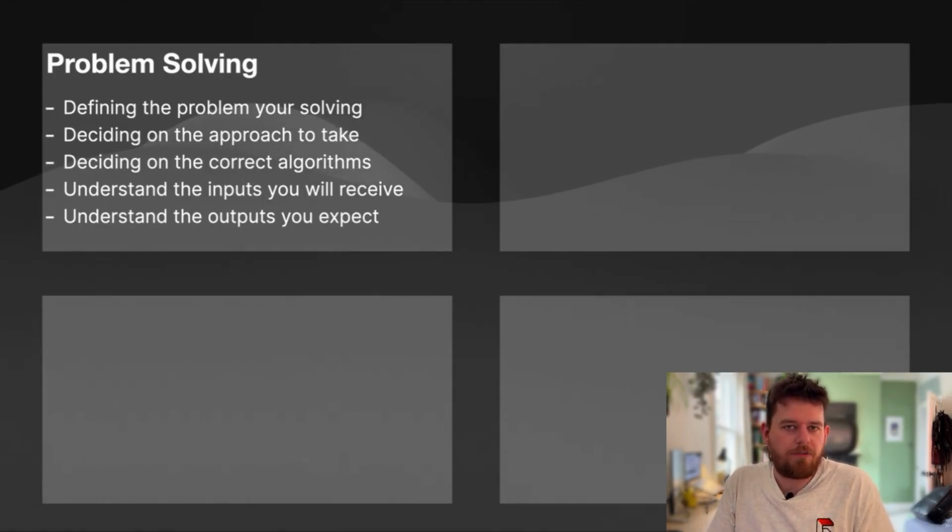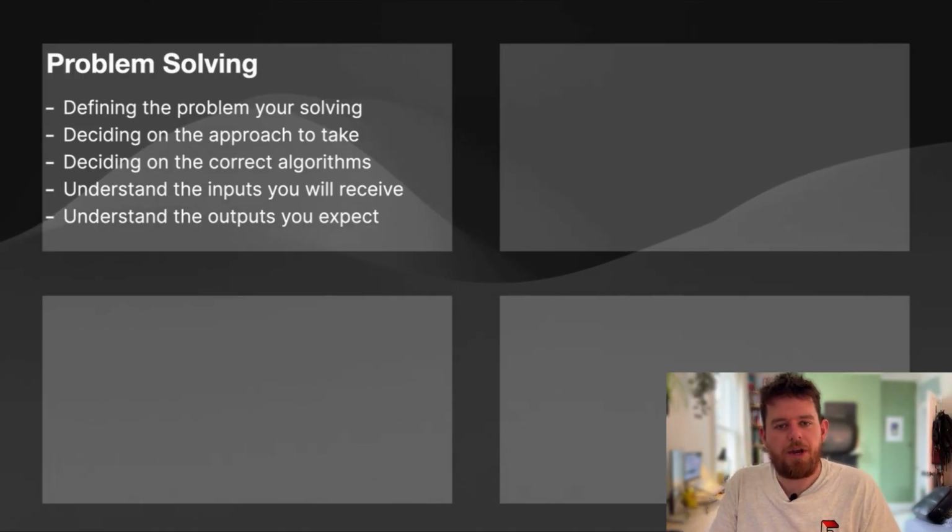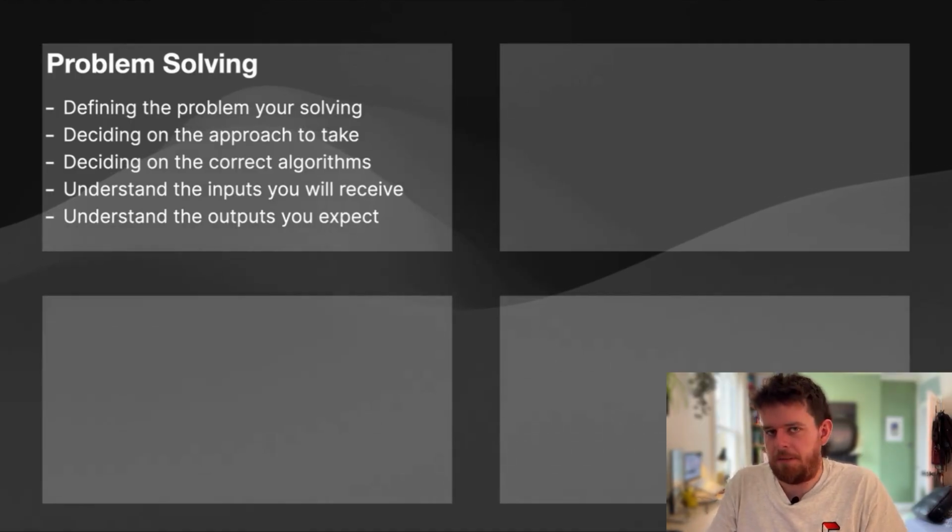Now, an algorithm is just a set of instructions that a computer in this instance will follow to accomplish something. We need to understand what inputs we're likely to receive to our program. So are the users going to click on buttons, for example, or are they going to type names into a box?